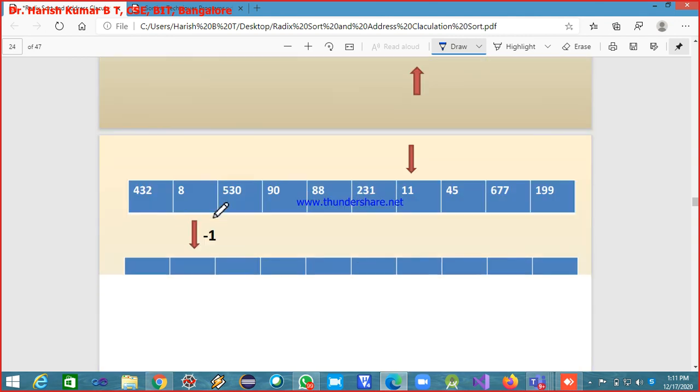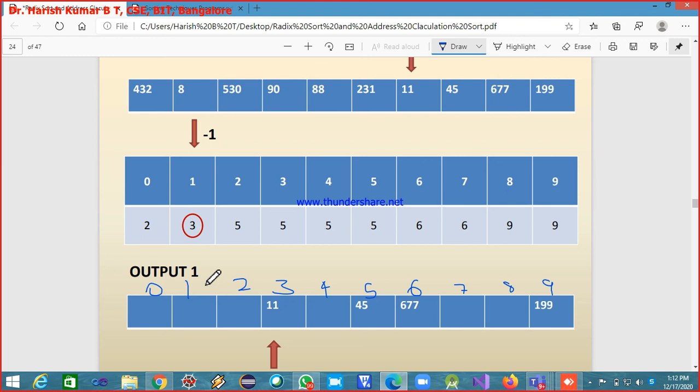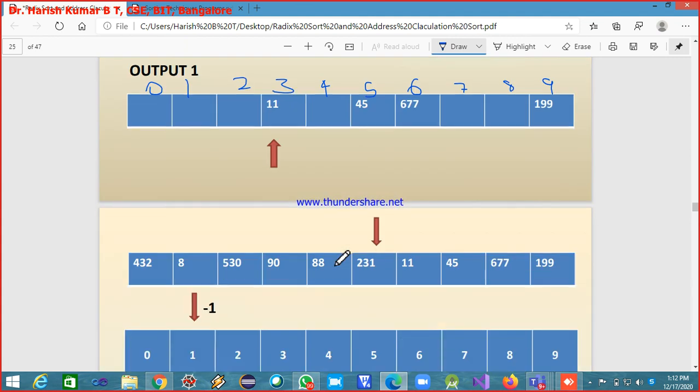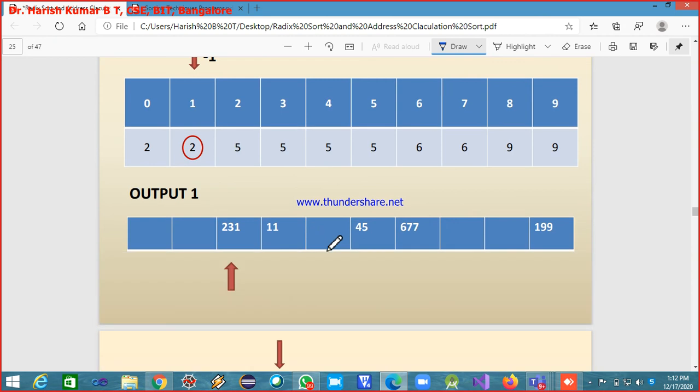Now when I inserted 11, it got decreased and became 3. So 11 got to this position. Now it is 231. Again I am decreasing it by 1, and you got 2. Now 231 takes the position of 2. Understood, right?